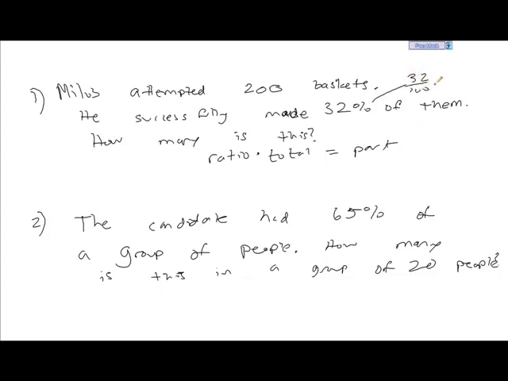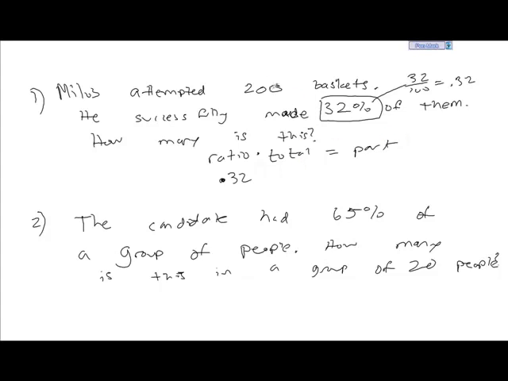And I'm going to leave it as a decimal, so 0.32, because that's an easier plug-in value. So my ratio is 0.32. The first thing I want to determine is what my ratio is. Is it a fraction? Is it a decimal? Is it a percentage? Here it's a percentage, but I'm going to plug it in decimal form as my ratio.